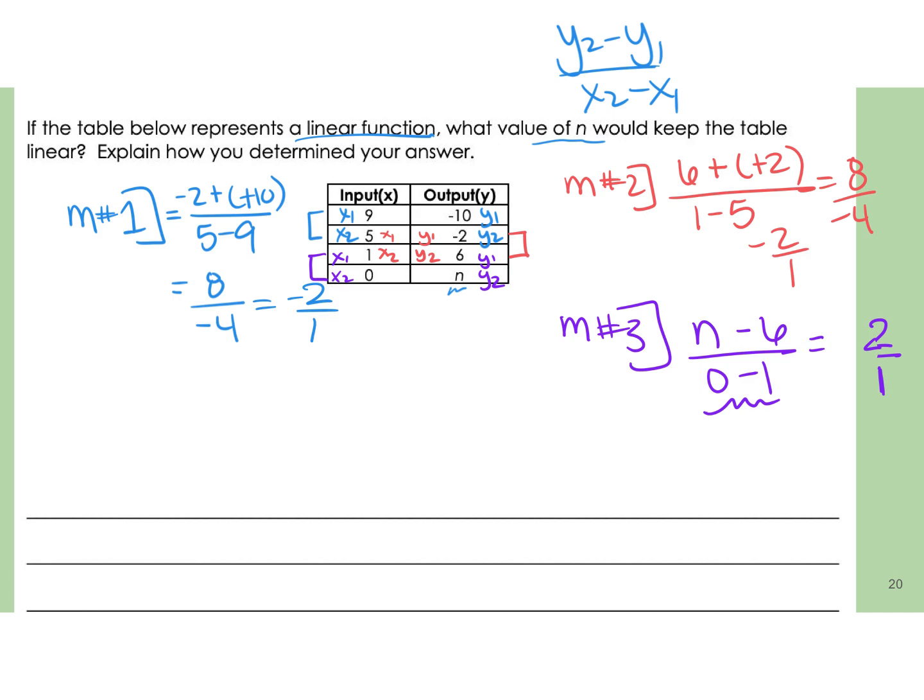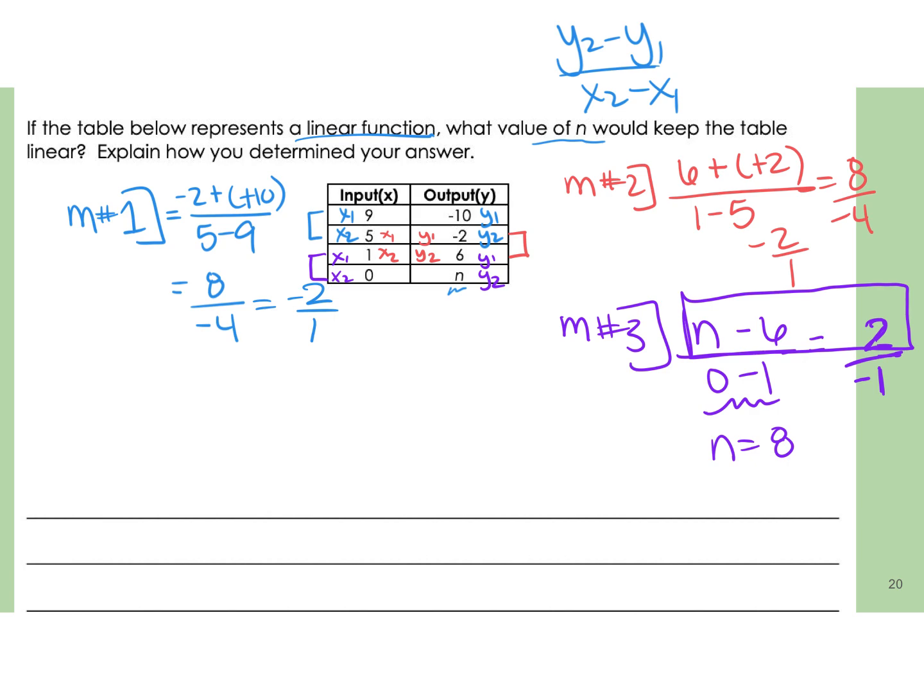I've already got my negative down here. So I need my numerator to be +2. So what minus 6 equals +2? 8. n equals 8.